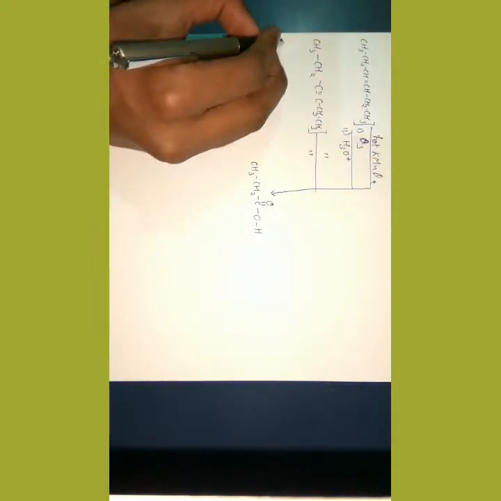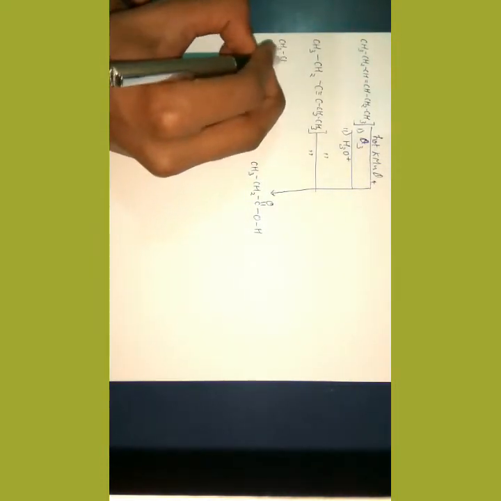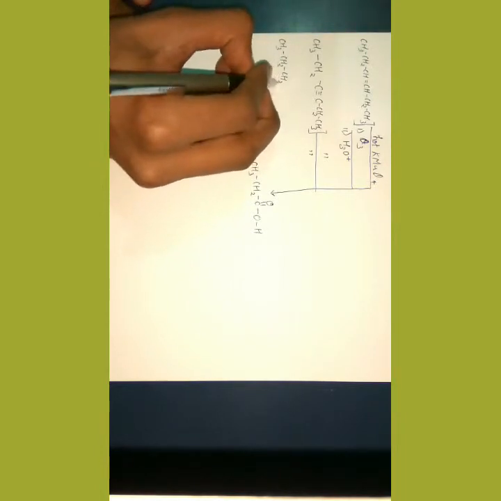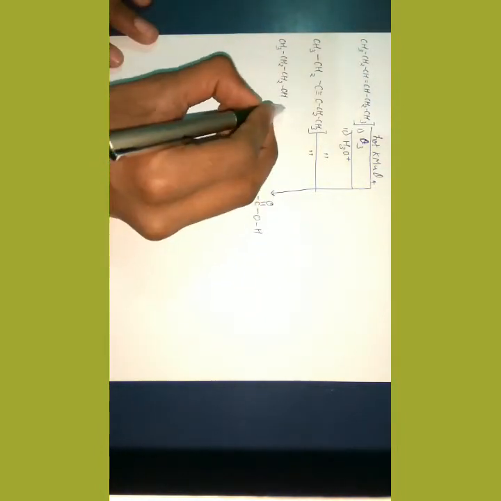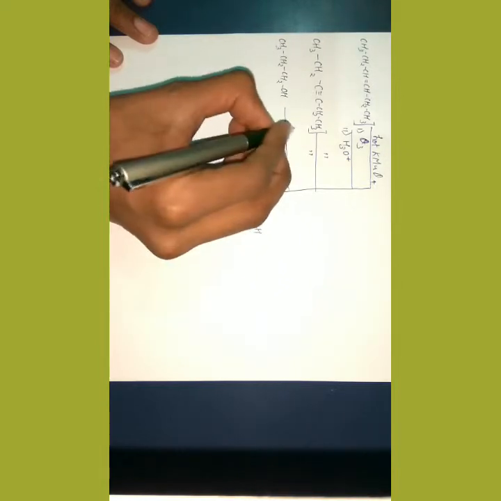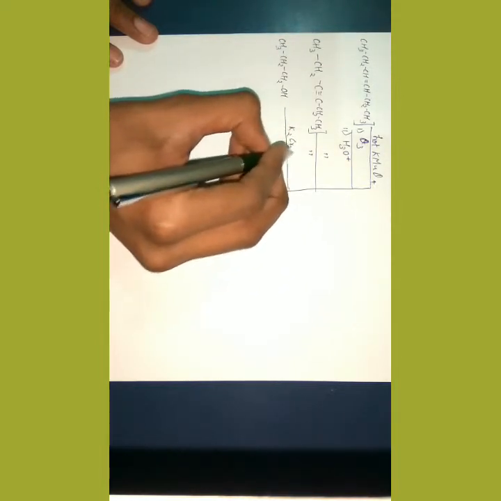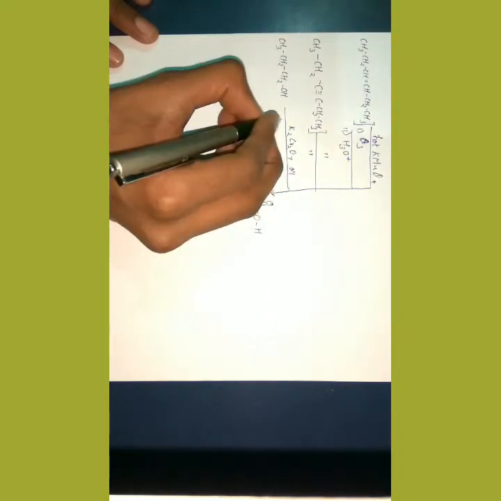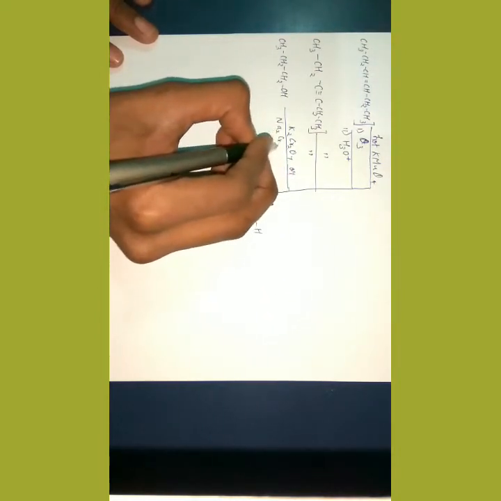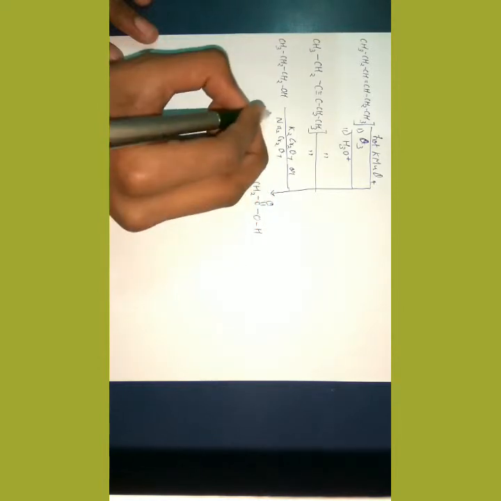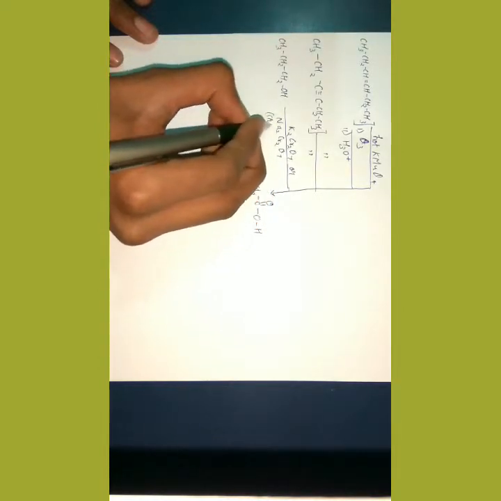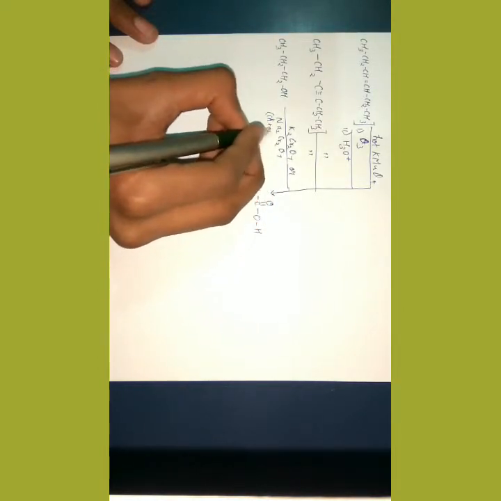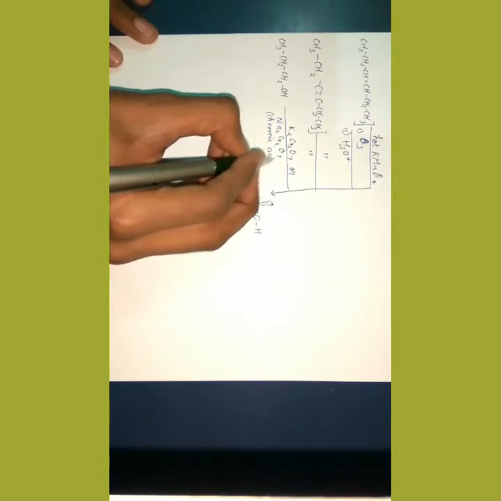Now here's something new I'm showing you. This is CH3CH2CH2OH, and if we treat this with K2Cr2O7, that means potassium dichromate, or Na2Cr2O7, sodium dichromate, or in general when treating an alcohol with chromic acid, it will give carboxylic acid.